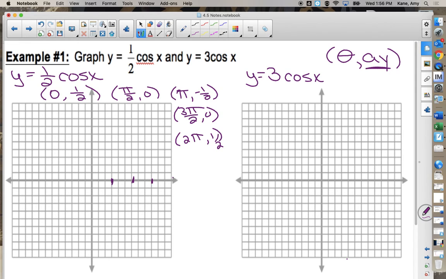We'll talk about how that changes tomorrow. And I'm going to label the y-axis the same way because I want us to be able to see that change in the stretching of the graph. So I'm still going to count up 3 and call that 1.